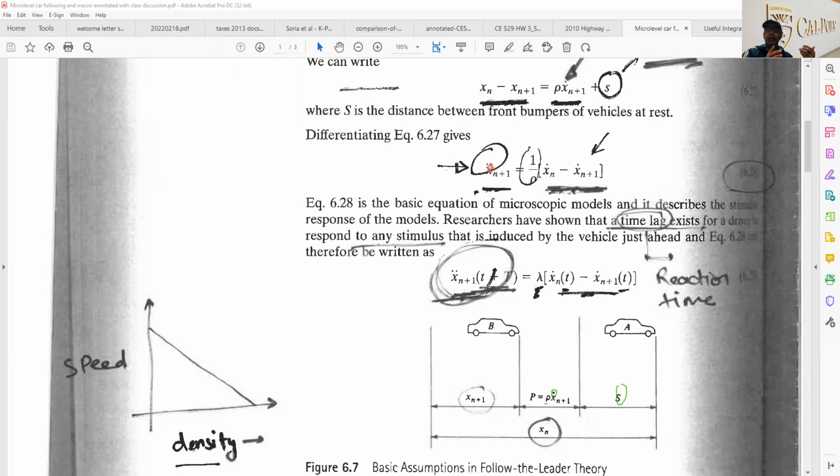As you may recall from your physics, when you take the derivative of position two times, you get acceleration or deceleration, whatever. It's the rate of change of speed. So the first dot gives you the rate of change of location, which becomes speed. But if you take 2 dots, you get the rate of change of speed, which becomes acceleration.